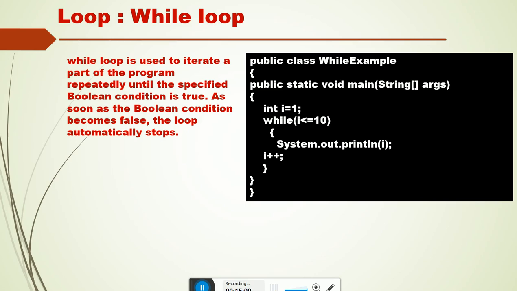And inside it, I can use the increment i++. The statement is System.out.println(i). It will print the numbers from 1 to 10. When the value of i is 11, the condition is false. 11 is not less than or equal to 10, so control will not go inside the loop and will exit from the loop.